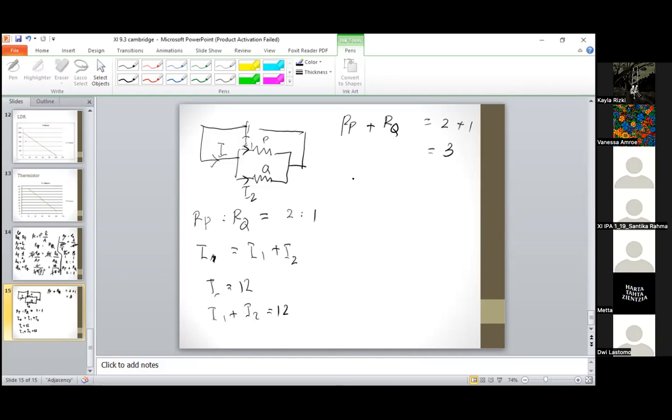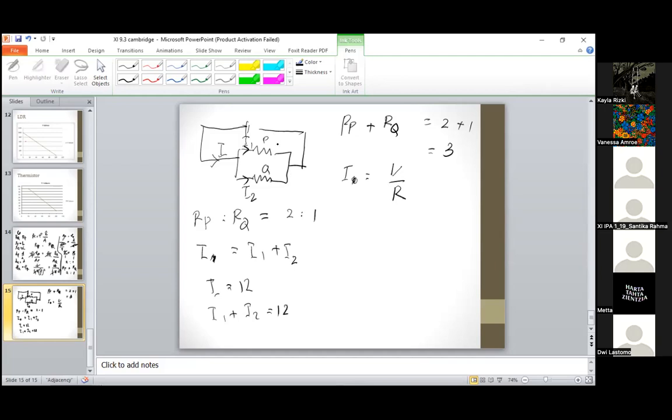And then we can calculate that I1 is I times RQ per R total. We have to know the values of P and Q first.